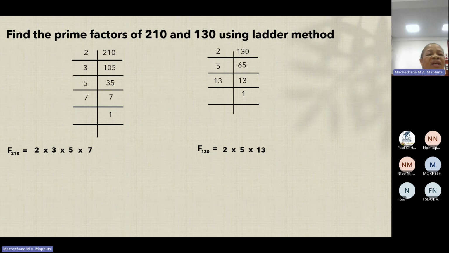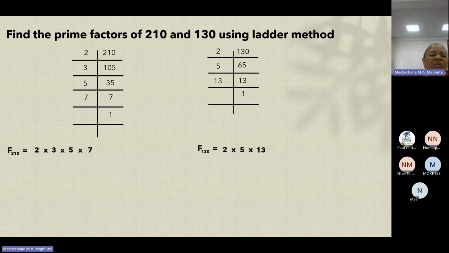Now let's look at the prime factors of 130. 2 divided into 130 goes 65 times. Because of the last number 5, 2 cannot divide, so we move to the next prime number. In this case it's 5, because even 3 cannot divide. 5 into 65 goes 13 times.